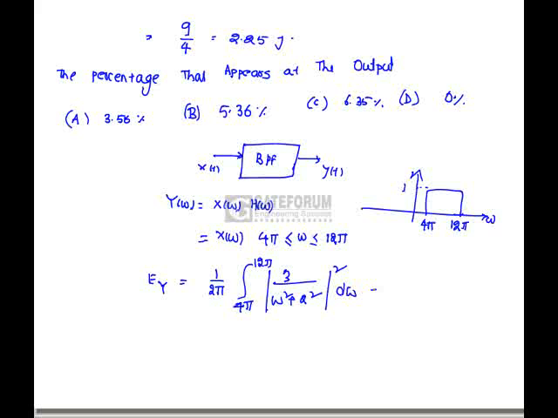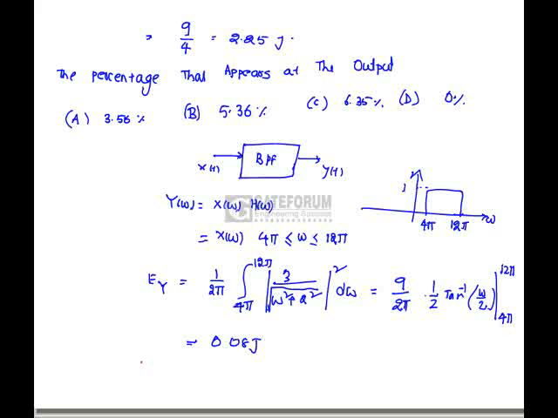So it is equal to 9 by 2 pi times 1 by 2 tan inverse of omega by 2, from 4 pi radians to 12 pi radians. If we solve this one, we will get 0.8 joules.